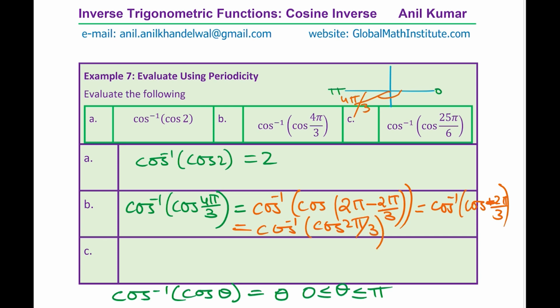Now 2 pi by 3 is within the interval, and therefore we can write this answer as 2 pi by 3.